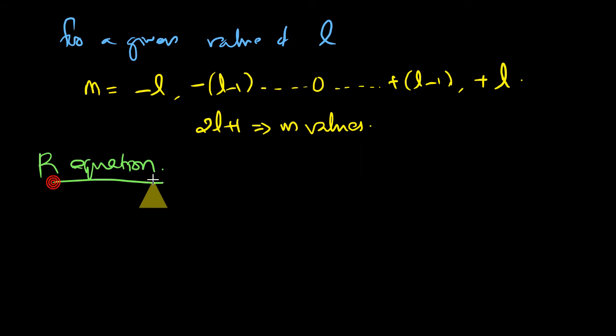And this R equation was absent in the case of particle on a sphere because we considered a particle which is moving on the surface of a sphere. The surface of the sphere has a constant value for its radius, right?